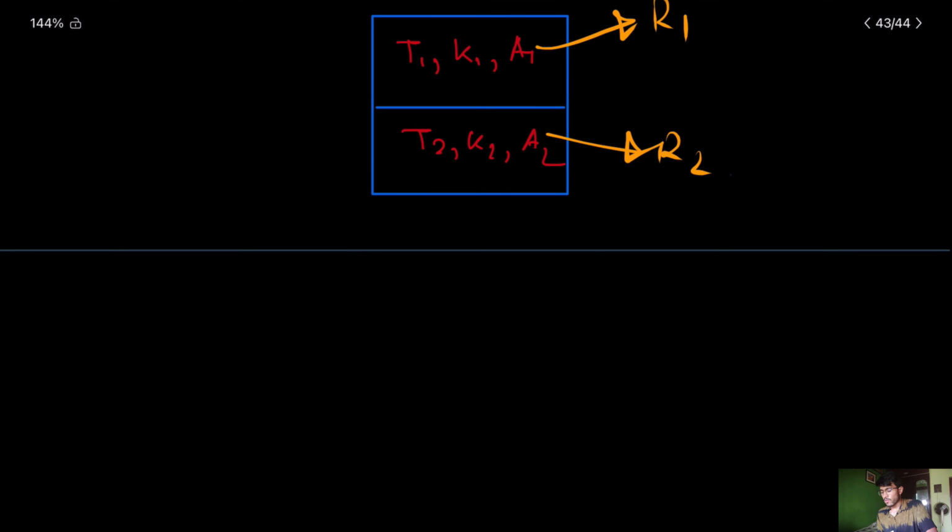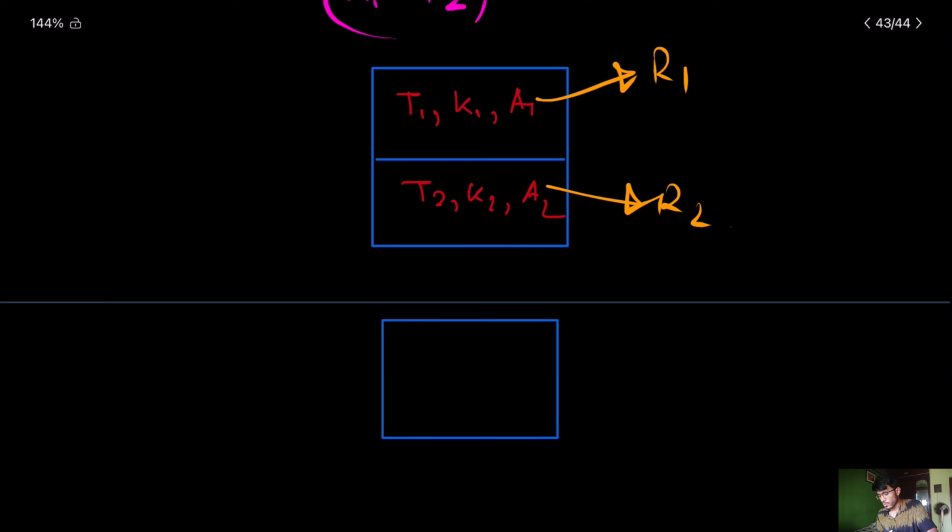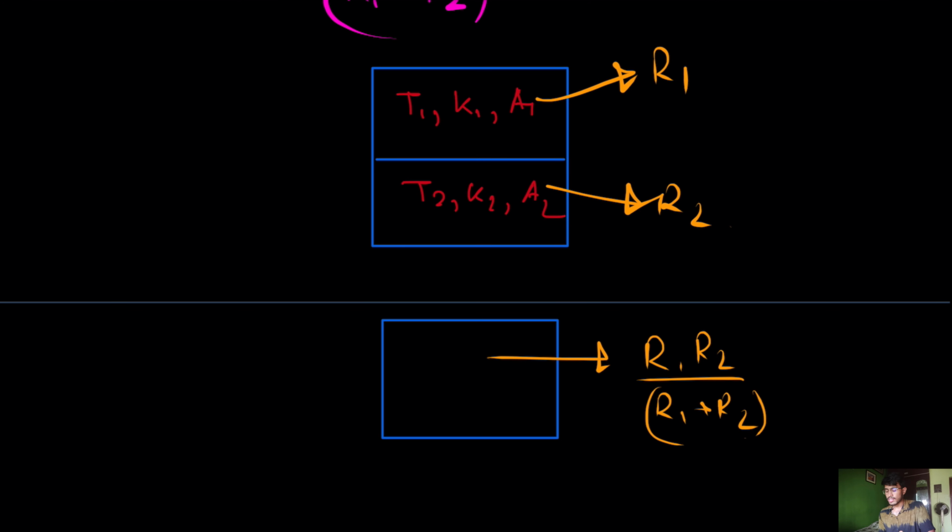Then the equivalent thermal resistance, with a single block here, will be R1 R2 by R1 plus R2, right? It is the same analysis that you have already done with your electrical networks. Okay, so I will stop this lecture here. I have just proved why the thermal network is equivalent to the electrical network, by doing a simple case of two blocks in series.